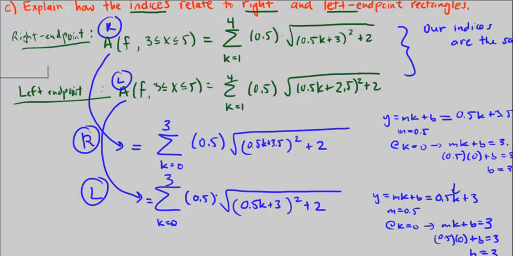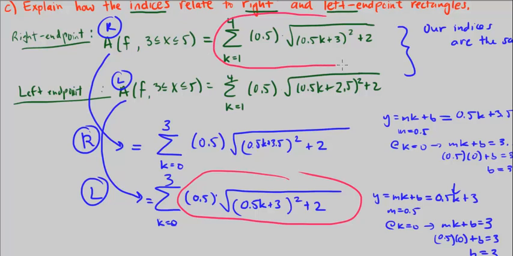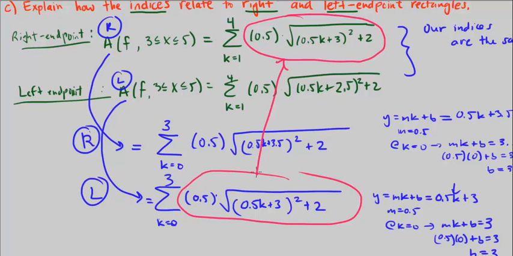Well, let's use a different color. This part is exactly the same as this part right here. These are identical. This is my left hand, this is my right hand, and my right endpoint and left endpoint rectangle. So these are the same.